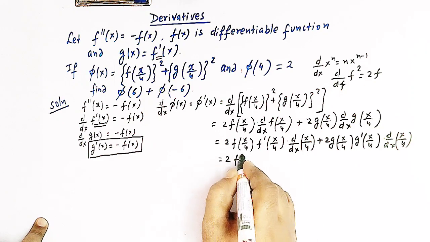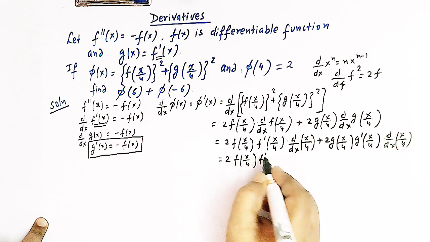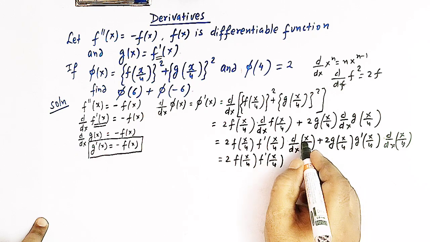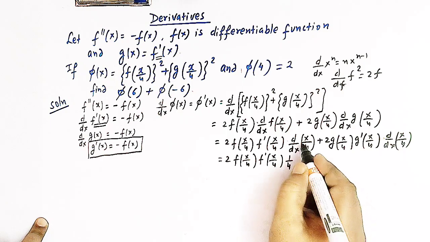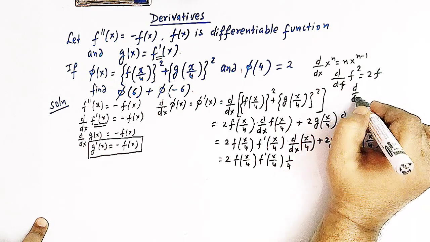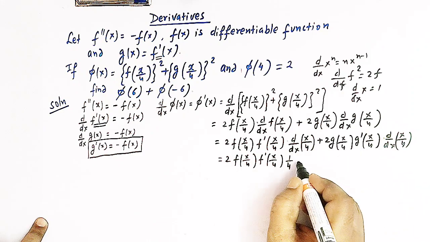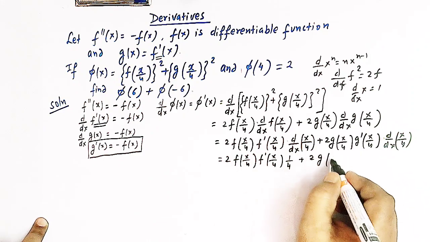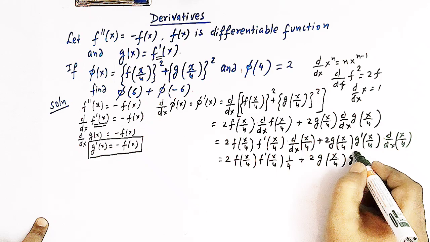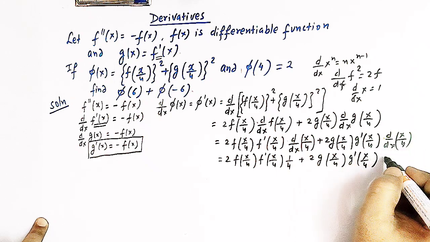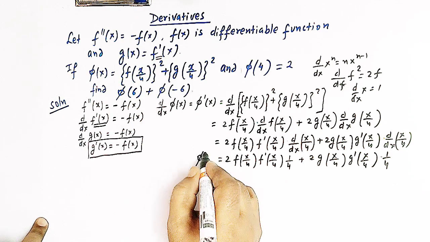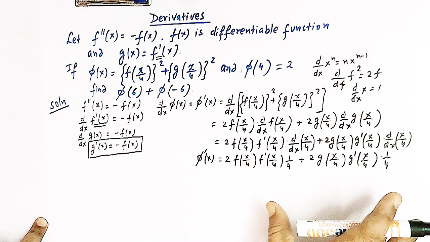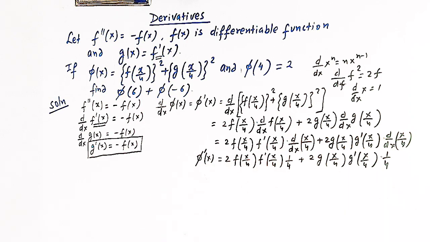So we have 2f x over 4 f prime x over 4, and here the derivative of x over 4 with respect to x is simply 1 over 4, because the derivative of x is equal to 1, right? So here we have 2g x over 4 g prime x over 4, and here we have 1 over 4, right? So the derivative of phi of x, that is phi prime of x, is given by this expression.